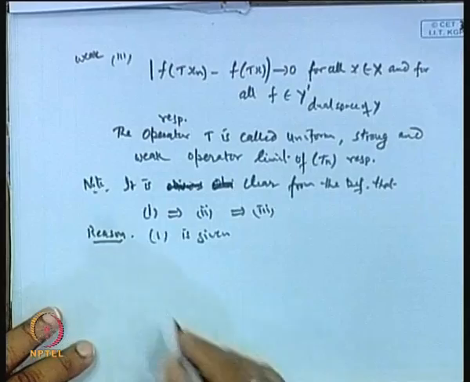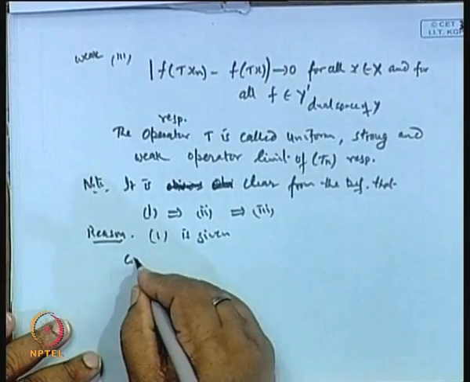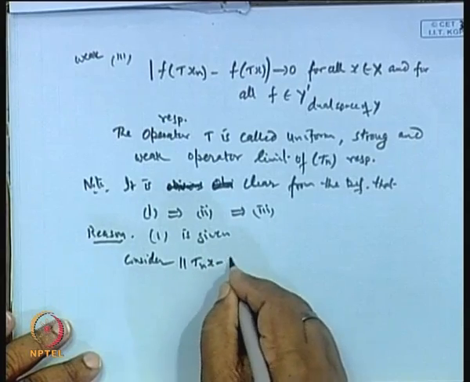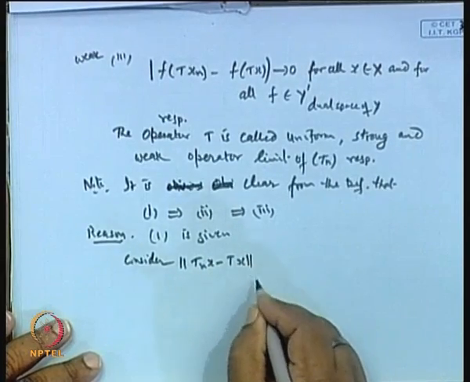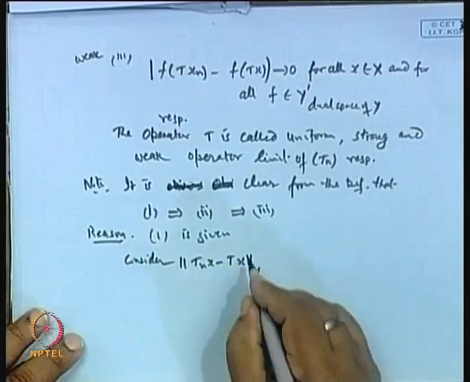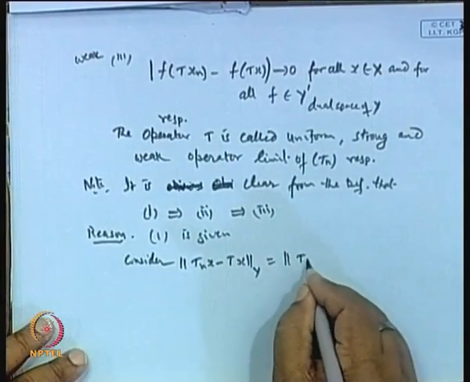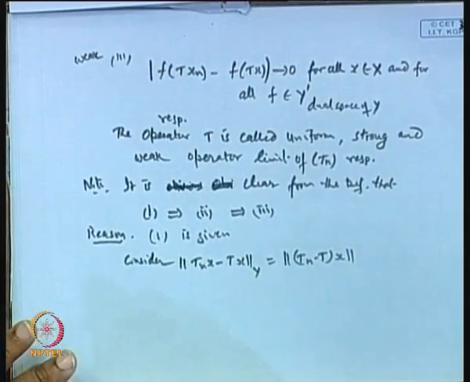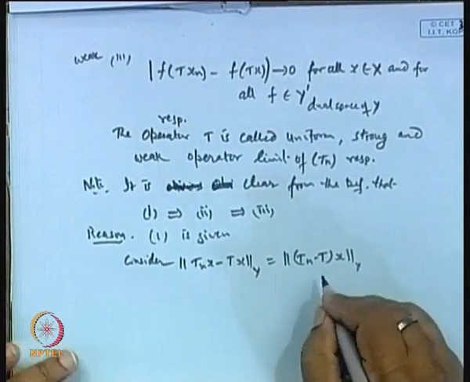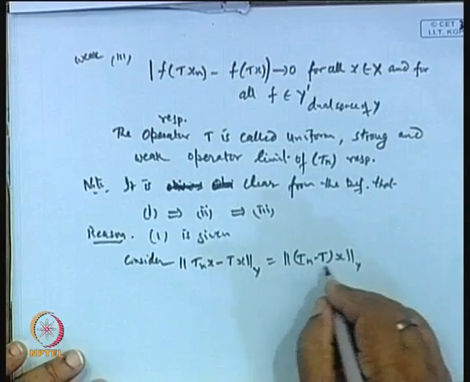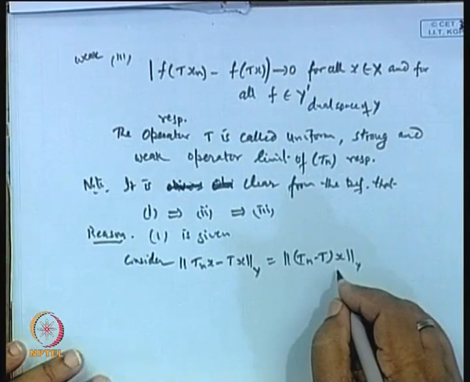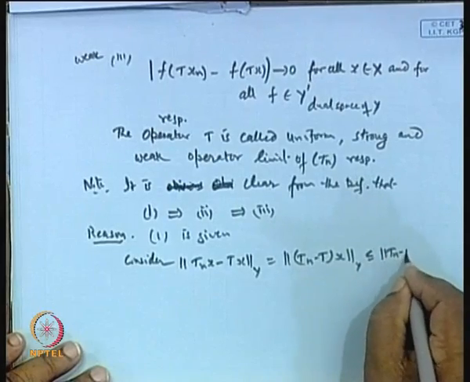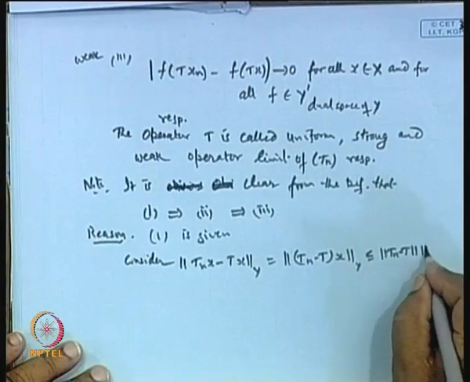Then what is to be considered? Norm of T_n x minus T x is equal to norm of (T_n minus T) x, which is less than or equal to norm of T_n minus T into norm of x.